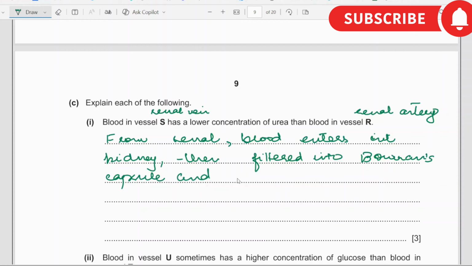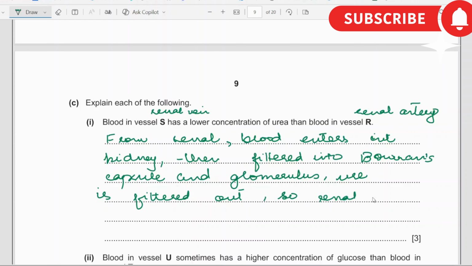Then this is point number two. Filtered, exactly, filtered out. So renal vein has less urea concentration. Okay, good.